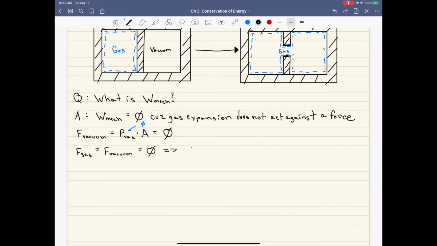Thus, if we go to our definition of dW mechanical, which is equal to the negative of F gas dx, and plug in our answer for F gas, we get that the mechanical work is also equal to 0. So during a free expansion, when the gas expands against a vacuum, the mechanical work it's exerting is equal to 0.